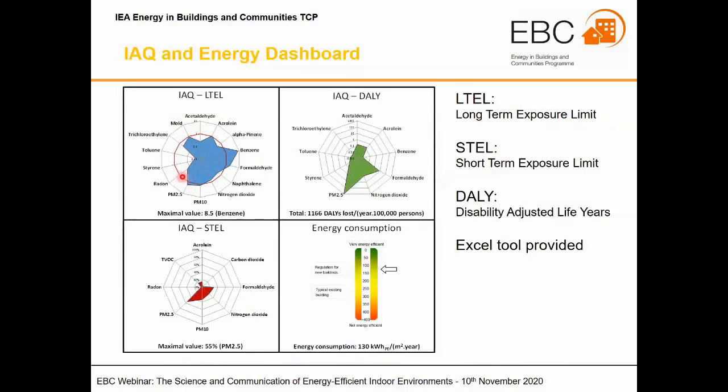So that's why you see this red ring that indicates the maximum permissible limit. That was for the long term, and then we have a similar notion for the short term limits.